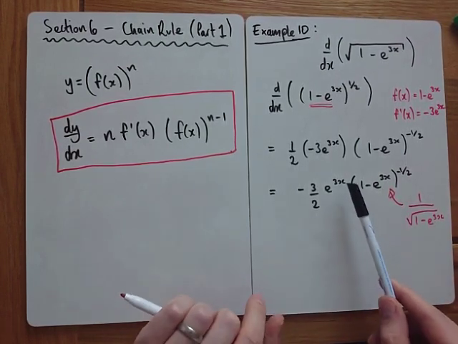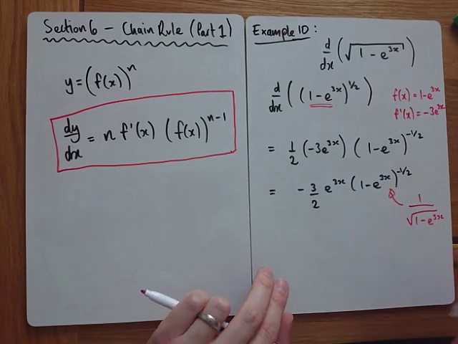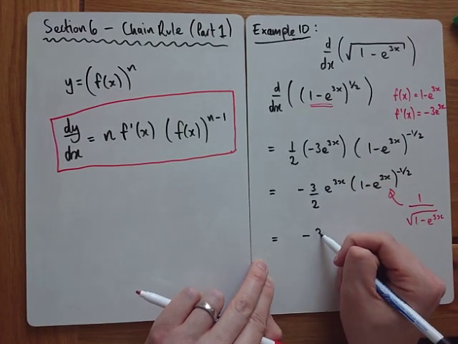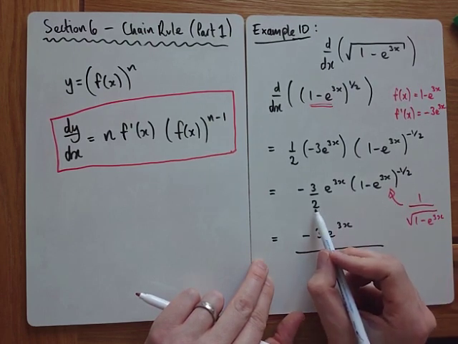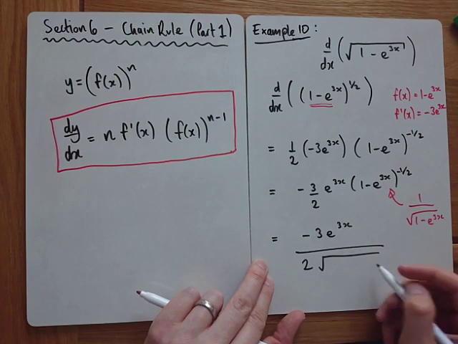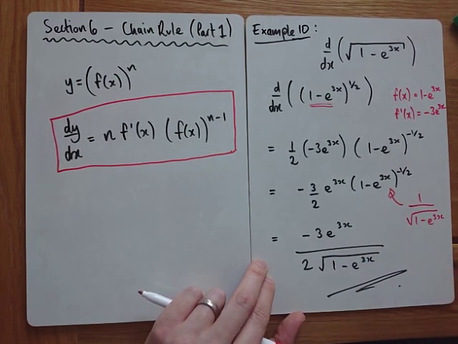So we've got that there, which is being multiplied by this. We've got to be careful with our fractions. Like on the top, we've got minus 3 e to the 3x. And on the bottom, we've got 2, and we've got this square root as well. So we could leave it like that.